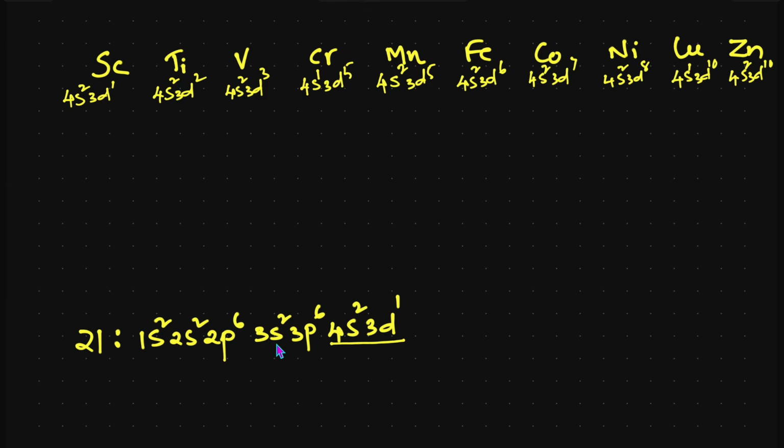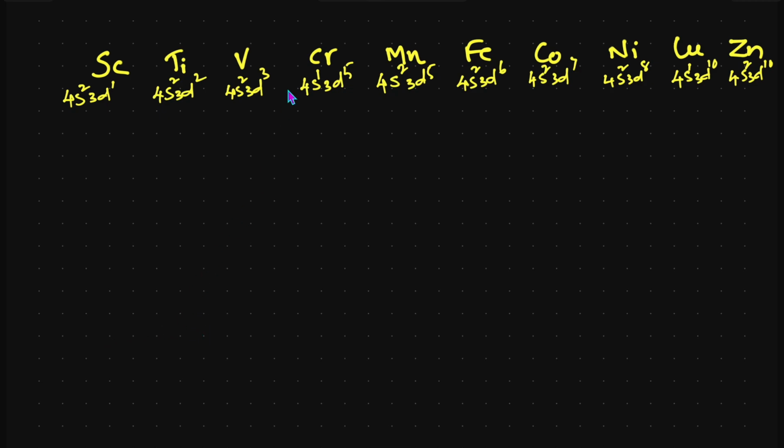If you check the electronic configurations of all these elements, the d electrons, the 3d electrons, are present in the 3d orbital. That is why this series of elements is called the 3d series.